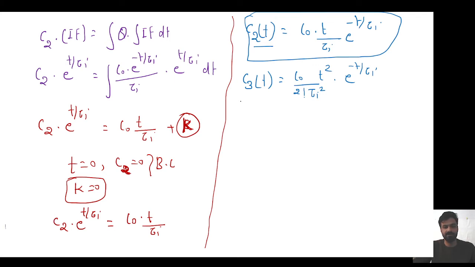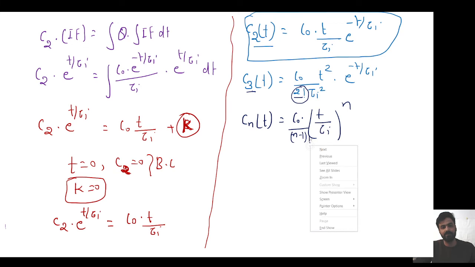There is a recurrence relation that you can see over here. So I am writing directly Cn(t), that is equal to C naught upon (n minus 1) factorial, t by tau I whole to the power n minus 1, e to the power minus t by tau I. Here you can see, if here it is 3, there is a factorial of 2, meaning 3 minus 1 factorial, so here you write n minus 1 factorial.